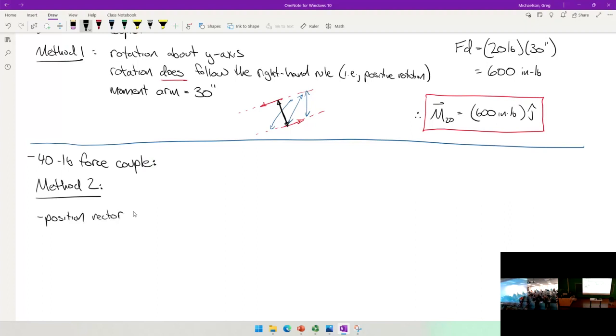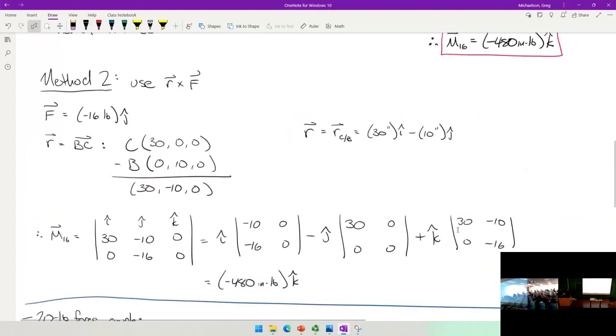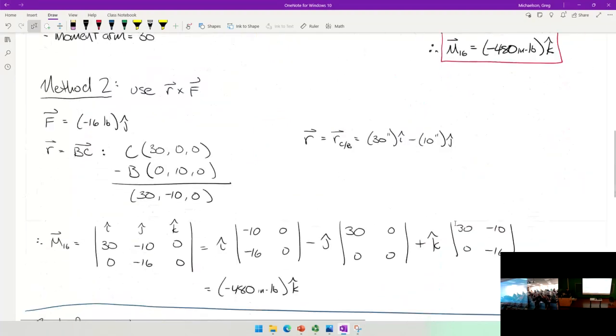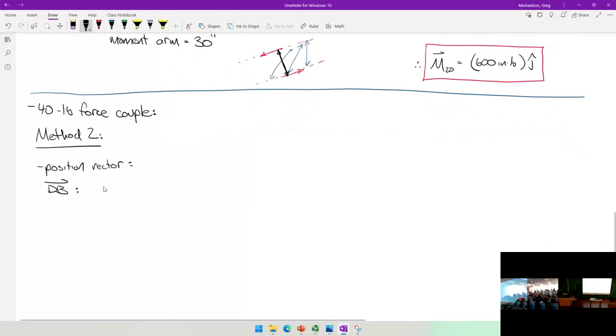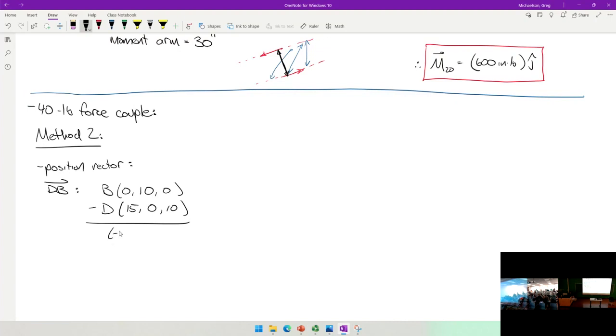We're going to get that vector right here, DB, so we're going from D to B. The way that we do that is we take the coordinates of this point, the coordinates of that point, subtract them, and we get, and so that's our R vector, because that's the order we did the subtraction in.